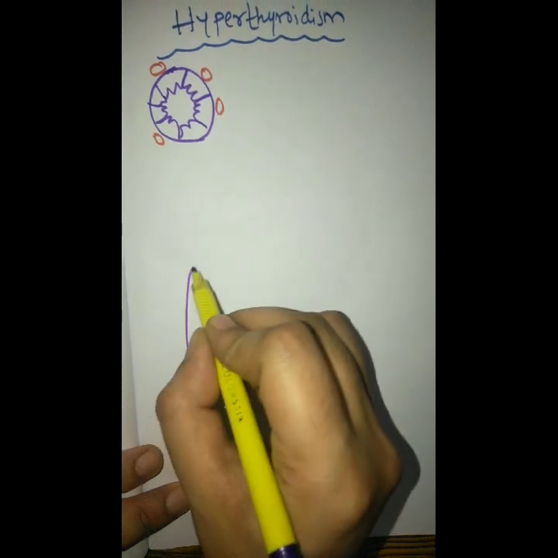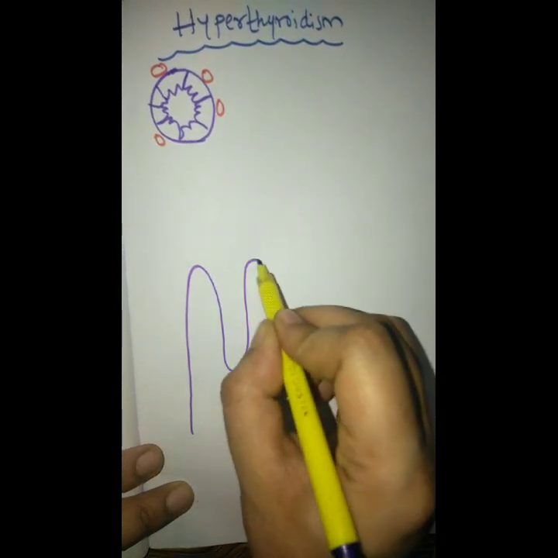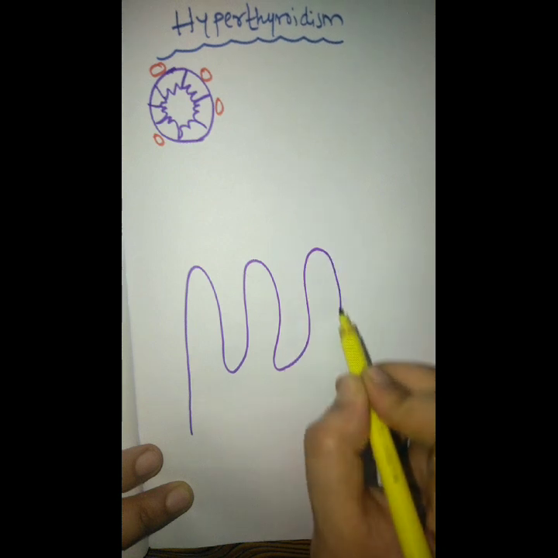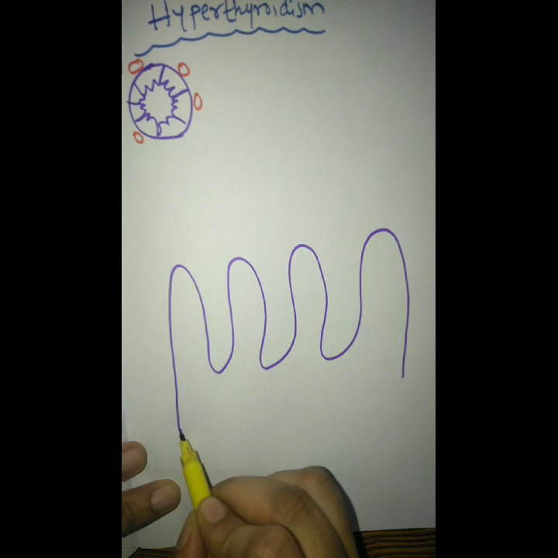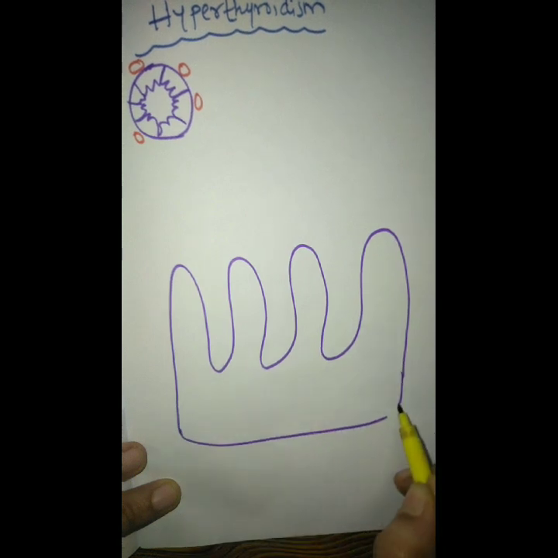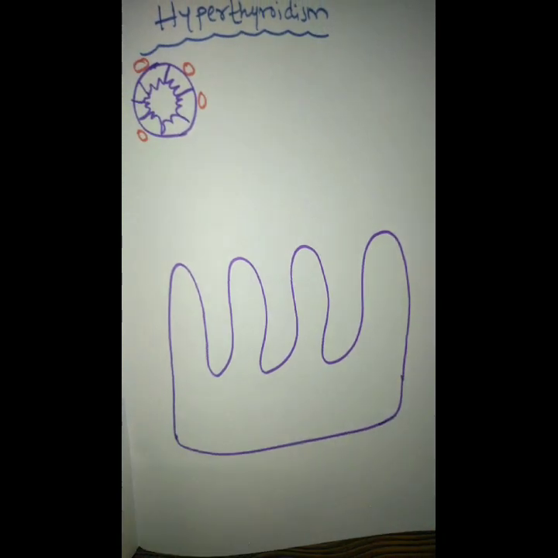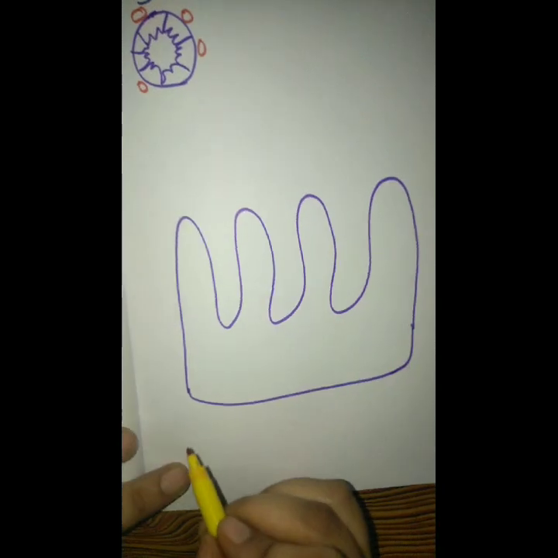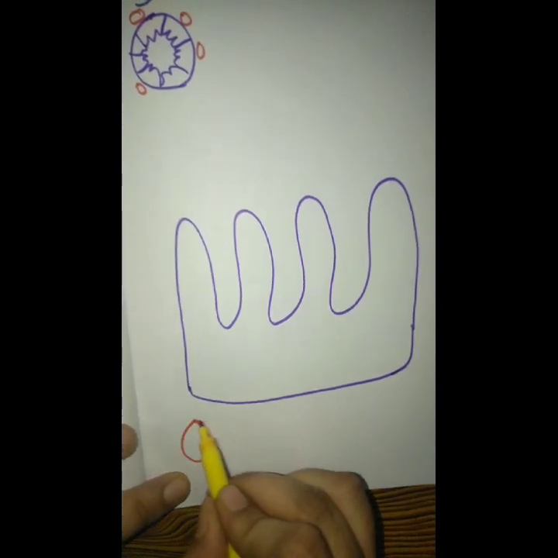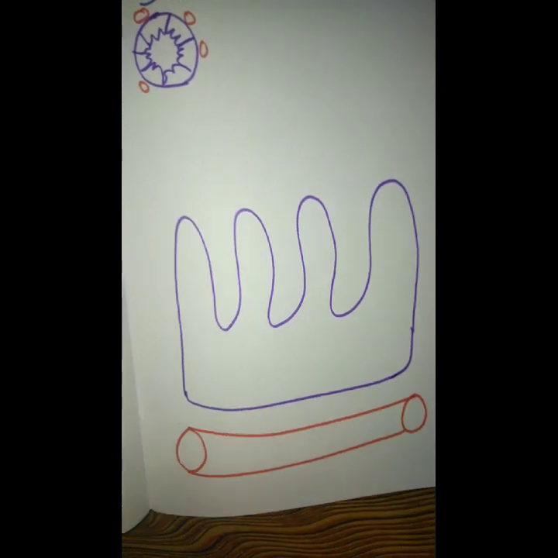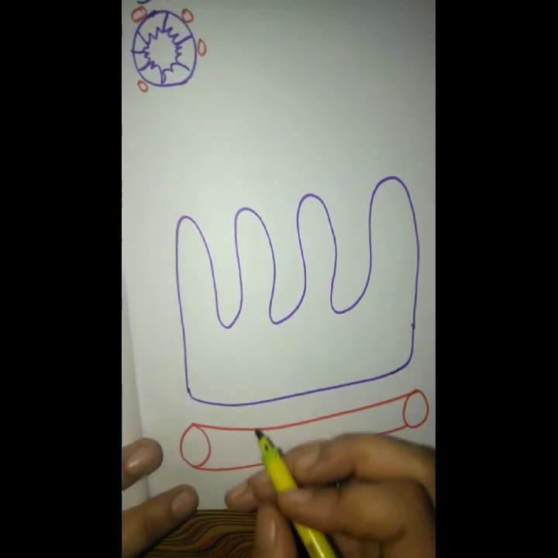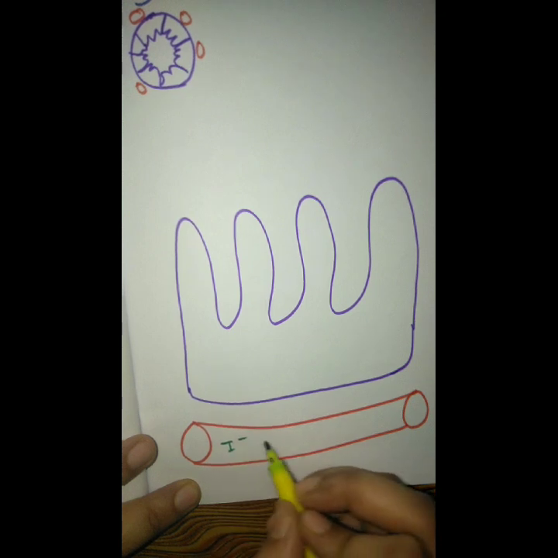Suppose this is your follicular cell, and suppose this is your blood vessel. In the blood, all the electrolytes and nutrients will be flowing. Along with that you have iodide also.